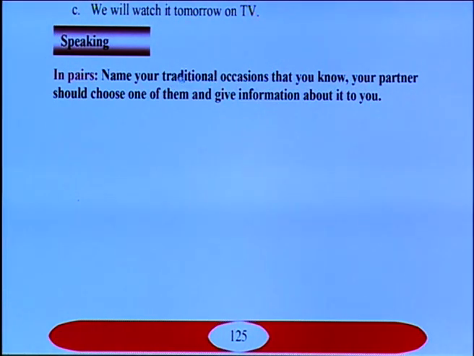Which kind of traditional occasions do you remember now?